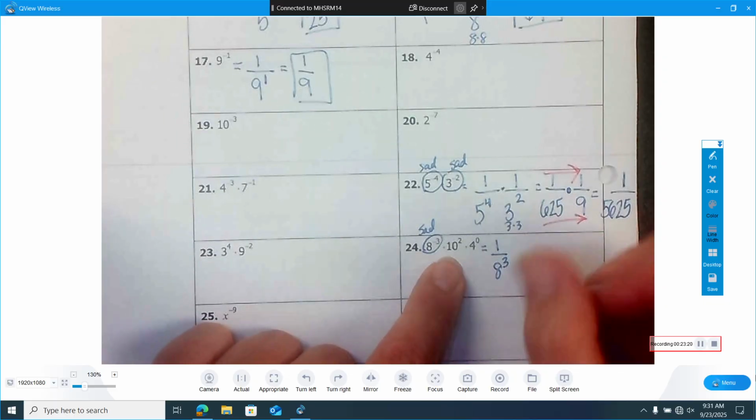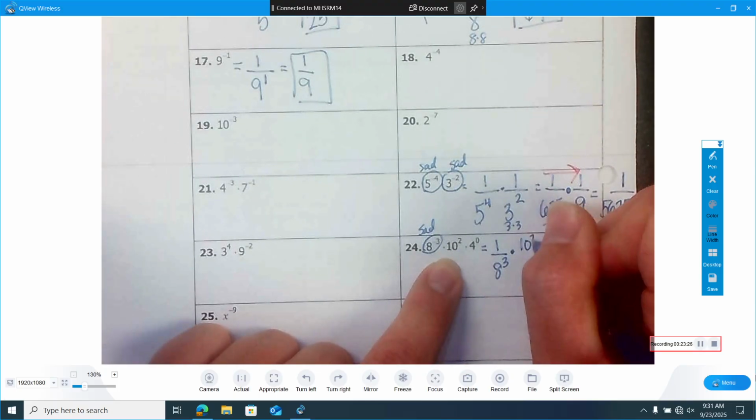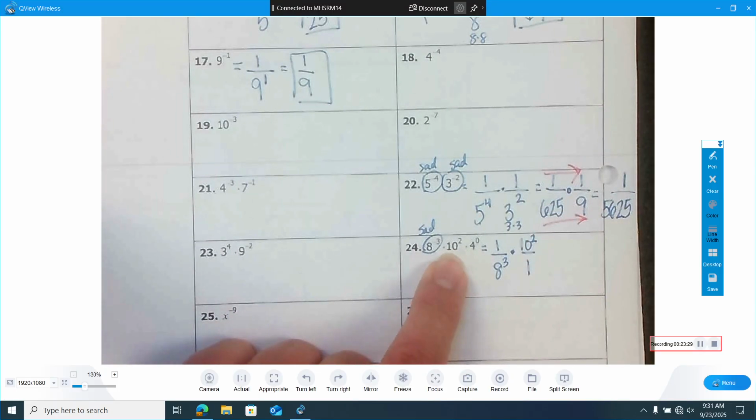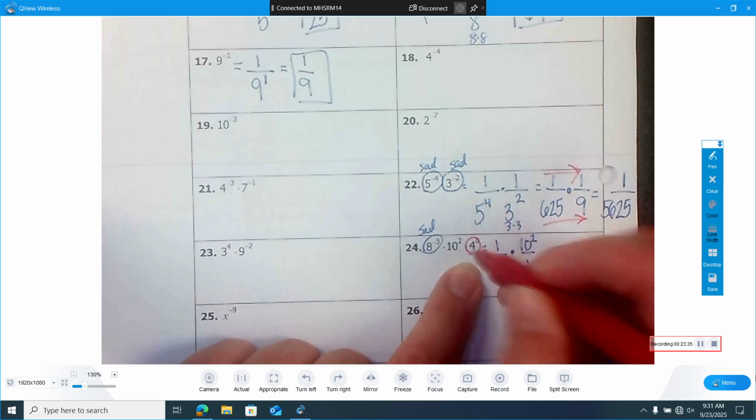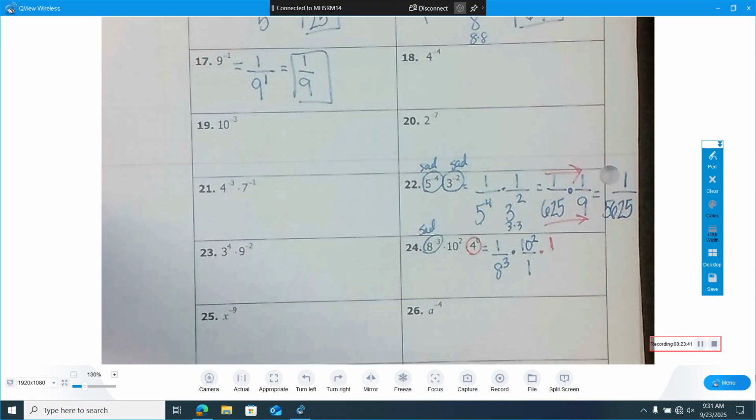What about 10 squared? Happy or sad? Happy. He's perfectly happy up here in a numerator. So that one's just going to stay. And what about 4 to the 0? It's just 1 every single time. Anything to a power 0 always equals 1.